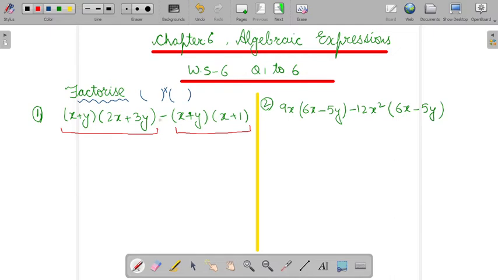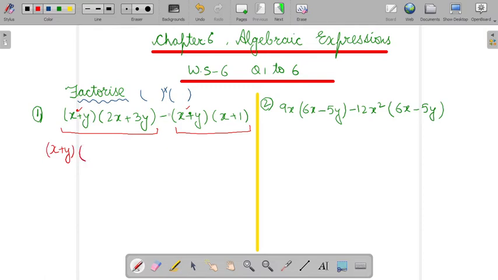Observe these two terms. What is common in these two terms? If you observe, x plus y is there in both the terms. So what we will do, we will take this x plus y common. Okay. Now what will be left?